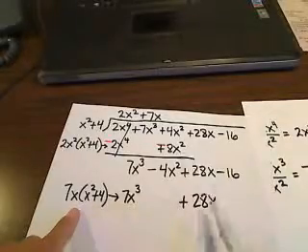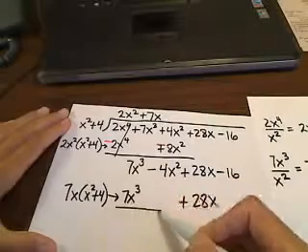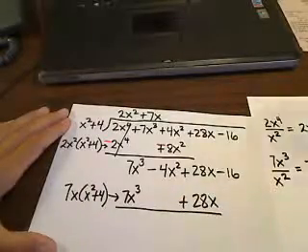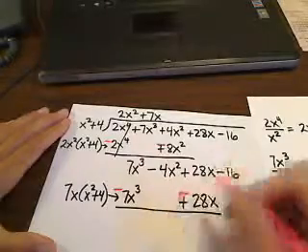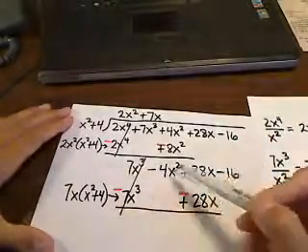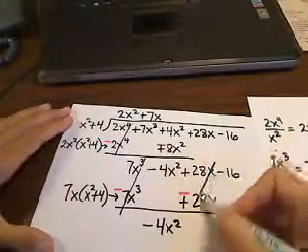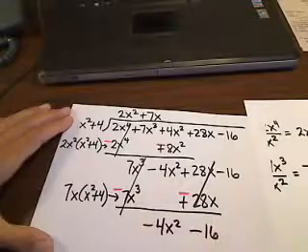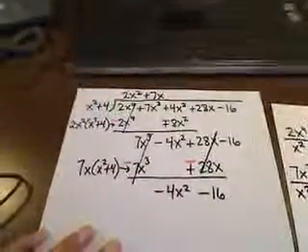When I multiply through, I need to line them up with their like term. Okay, so we're going to change signs. This one's positive, so it's going to go to negative. This one's positive, so it's going to go to negative. Okay, that adds to be 0. And this is negative 4x squared. That adds to be 0, and then bring down the minus 16. And we do it all over again.